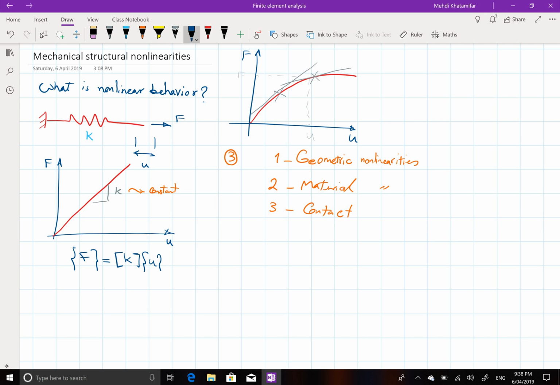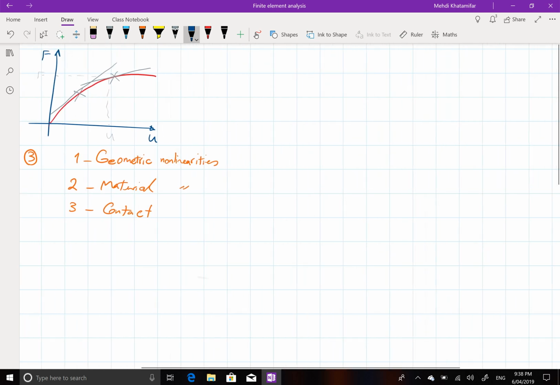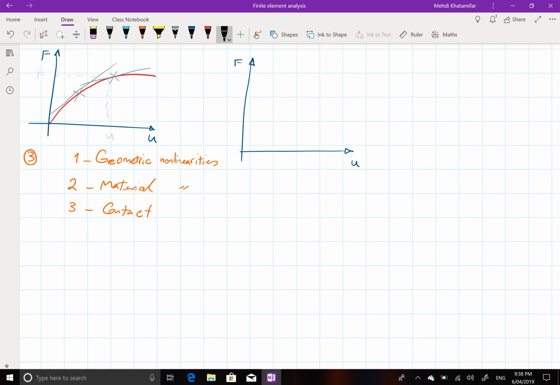So let me redraw here. This is our force and displacement graph, like this. So let's imagine this is our force FA, which is going to fail. We shouldn't reach this FA, and the corresponding displacement is going to be U. So ANSYS is going to start like this.